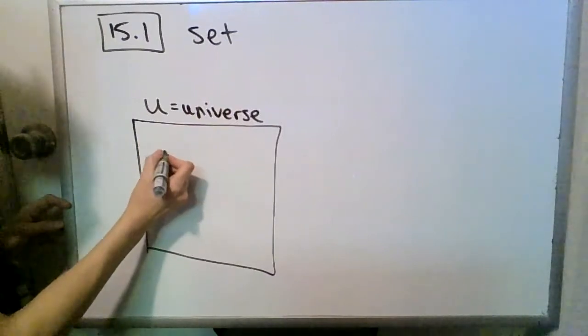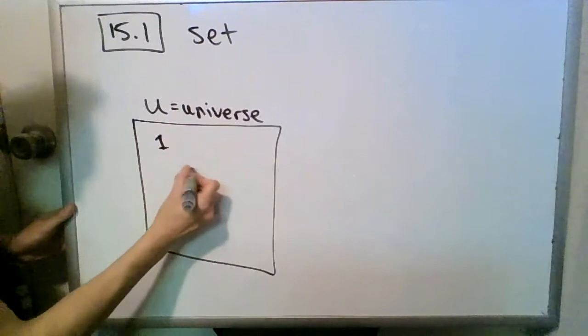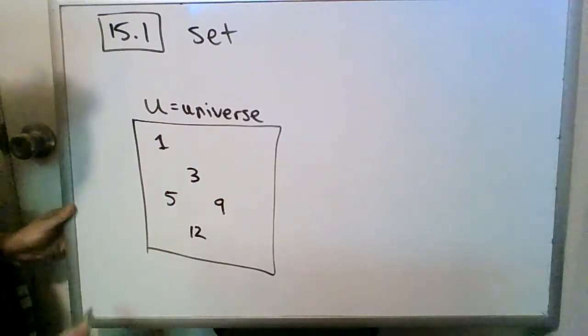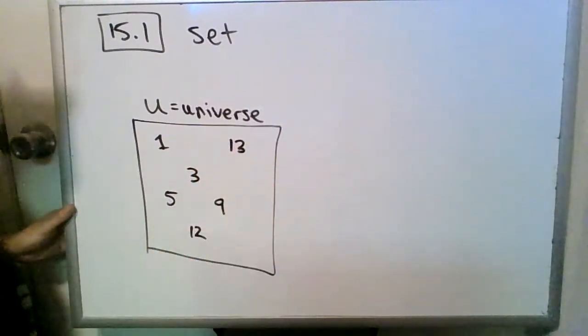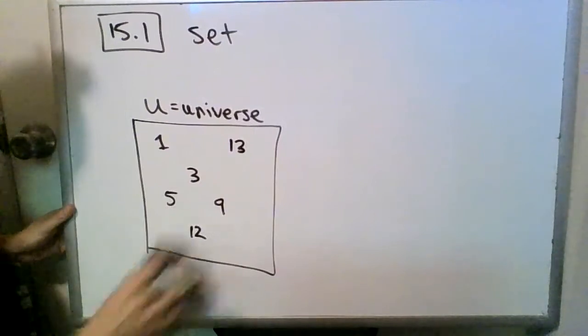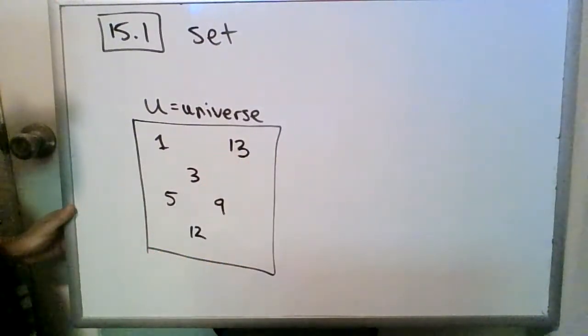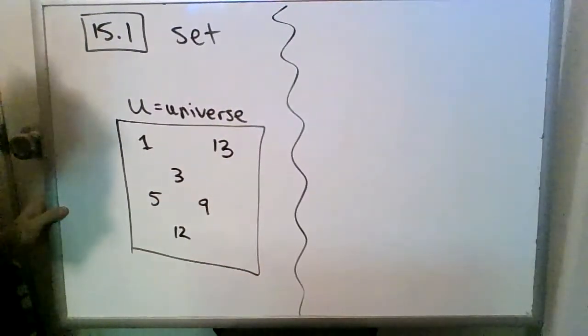And we had elements inside that weren't repeated, like 1, 3, 5, 9, 12. And then we're switching it up a little bit.